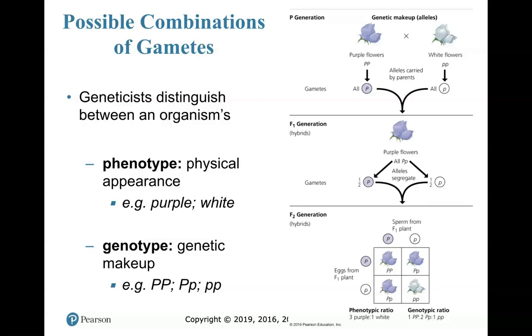Genotype is going to be different from phenotype in that with genotype, we're talking about the genetic makeup. We're talking about the alleles that that organism has. So I can figure out what your alleles are based on your phenotype. Vice versa is true, and I'm going to teach you guys this. It's a different ratio from phenotype when we're looking at genotype. Here in this example, it's a 1 to 2 to 1 ratio. Why?